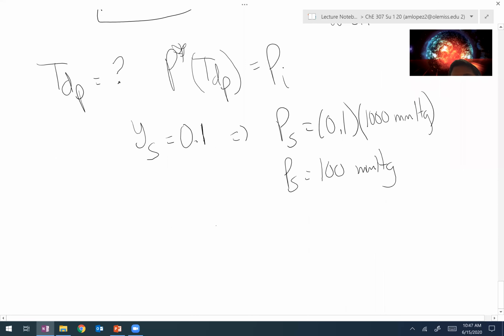And we know when T is 100 C, the vapor saturation pressure is 200 millimeters of mercury. So that tells us we're still looking at a superheated vapor. And so we have to figure out at what temperature in this system, when the total pressure is 1,000 millimeters of mercury, would we see liquid formation?